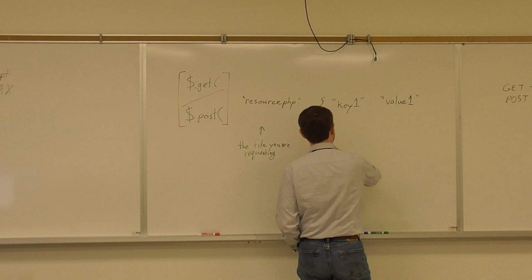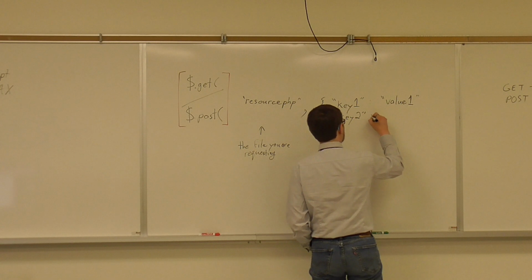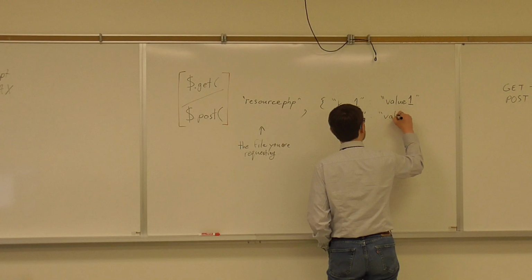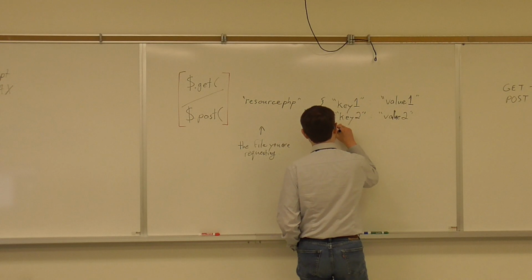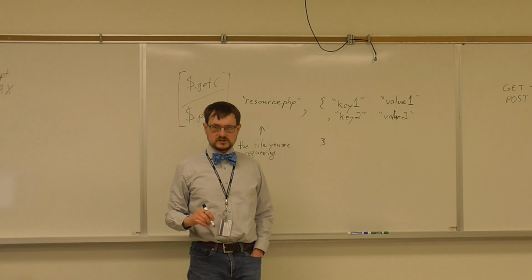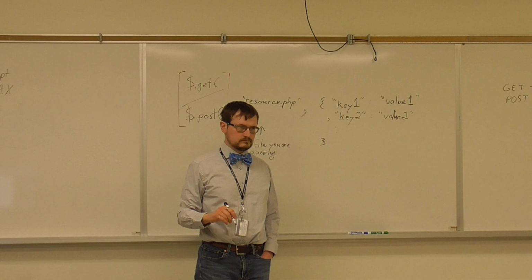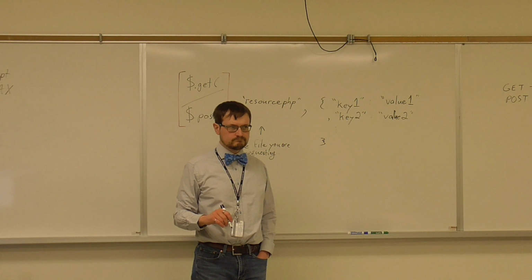We then use commas to separate however many key value pairs we have. Value, there we go, dot, dot, dot. And we close that with a closing curly brace. Does this make sense? So far, so good?